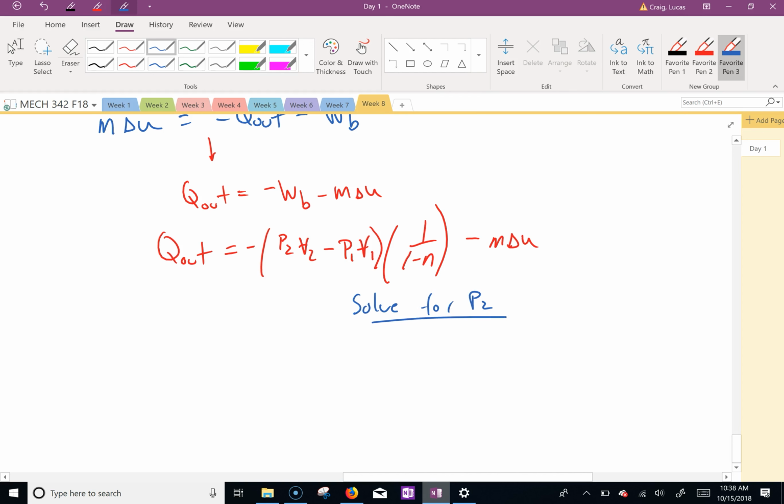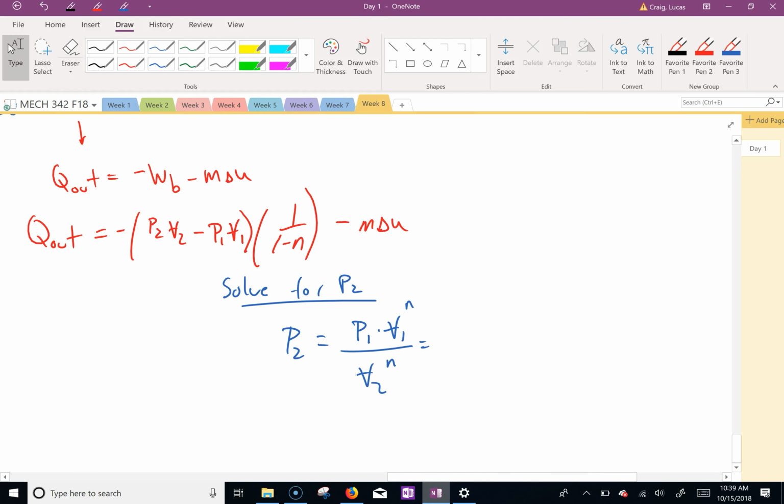Again, we know it's polytropic. We can then say P2 is P1 times big V1 raised to the n over V2 raised to the n. So, 3 bar times 0.1 raised to the 1.5 over 0.2 raised to the 1.5.